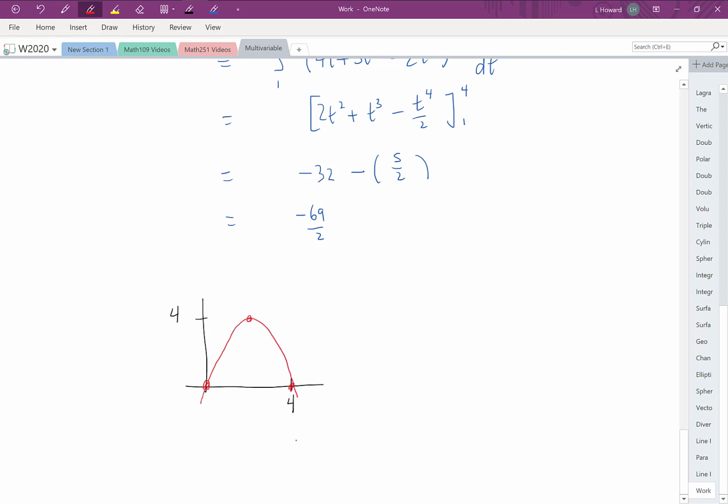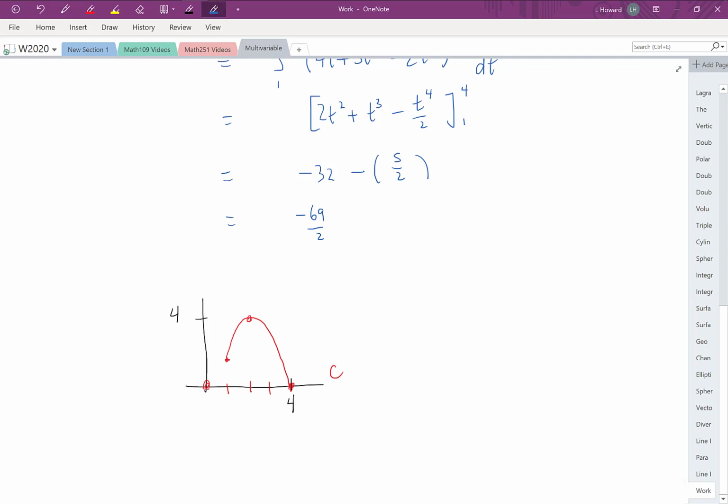So that's our parabola, and we're only interested in the section going from 1 to 4. To simplify this picture and make it not too cluttered, I'll just focus on the section that we care about. So that's our curve C.